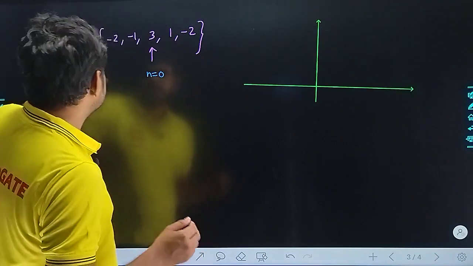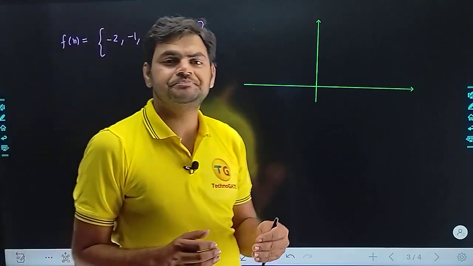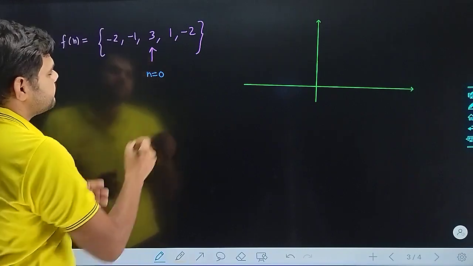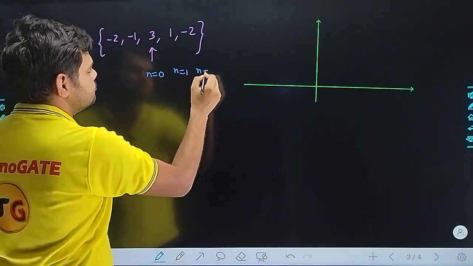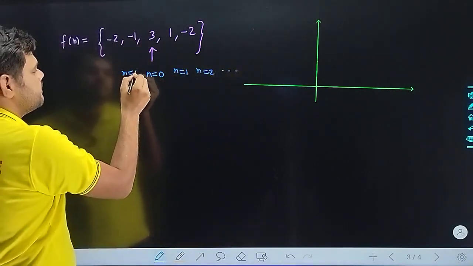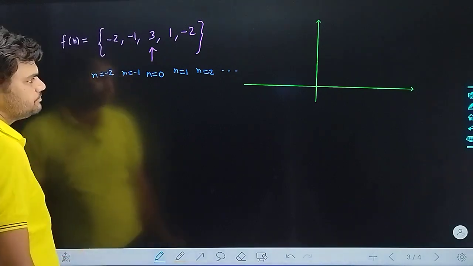And you know that f of n is a discrete time signal that is defined only for integers. Means on the right side, the values of n are 1, here it is 2, and so on. And here it is -1. That -2 value is for n equal to -2.